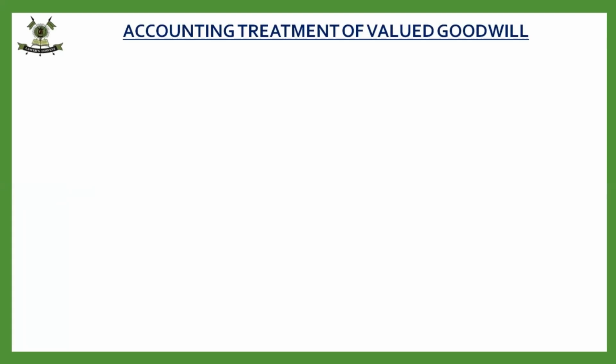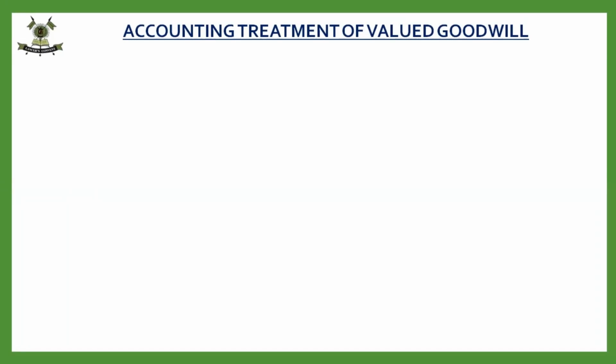Yes, children, you are making a slight mistake in the amounts. The entries are correct, but there is a slight mistake in the amounts. No, Aman, this is not correct. Check your answer once again.